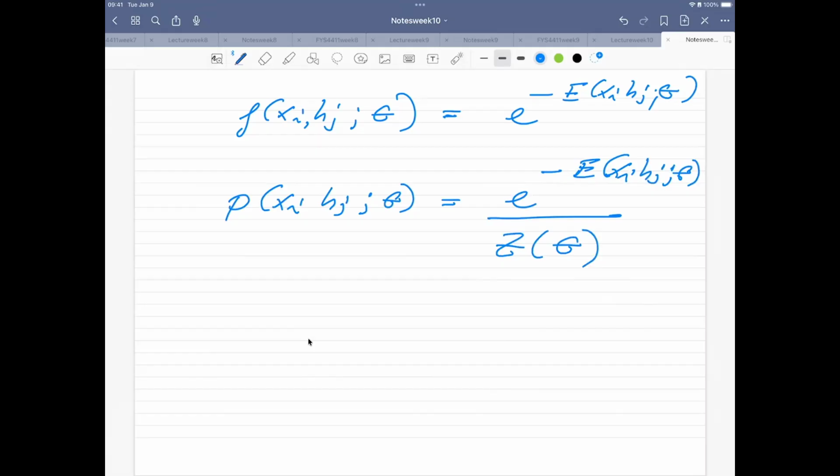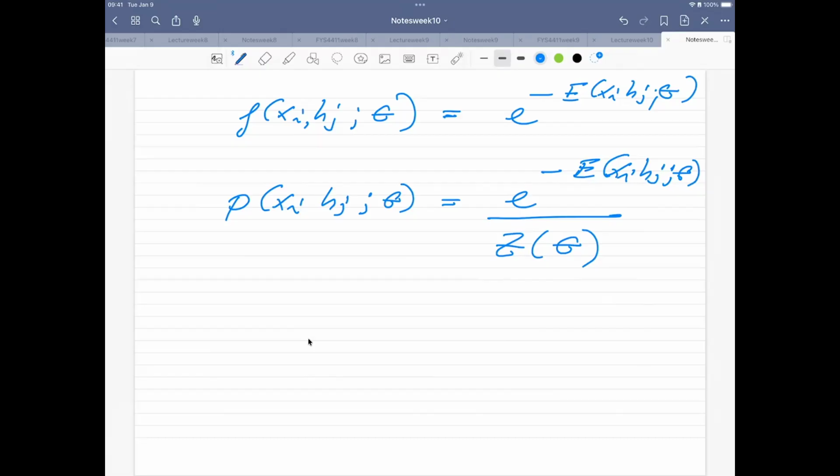Now, what you see here, and I wanted to stop here because you see the problem. The problem resides in the normalization factor, because in that case, you need something which depends on all the x's and h_j's and the parameter theta, because the recipe we are going to use now is called maximum likelihood estimation. That means that our cost function is going to be the probability.